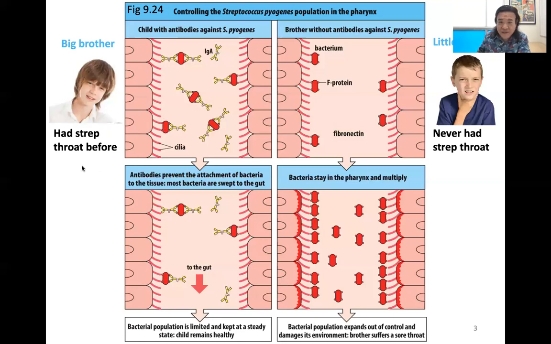But remember, the interesting thing is the particular antibodies that big brother makes to defend himself would be potentially different than the antibodies that little brother made, because it all had to do with whatever random B cell clones they happen to have in their body as the start of the B cell selection process. Okay, interesting to think of. So this is the way Mother Nature built us to be able to use our actively acquired immunity to protect ourselves against things in the future.